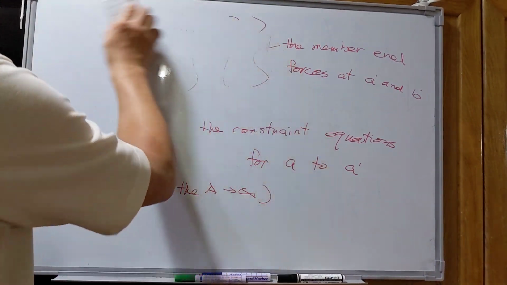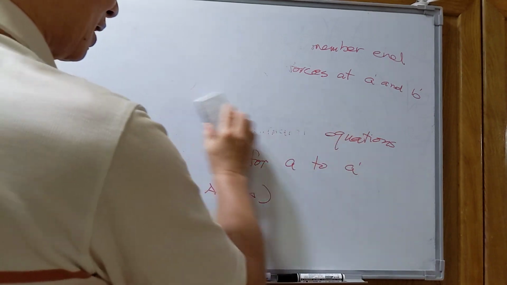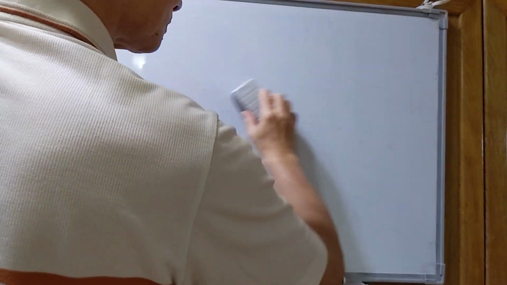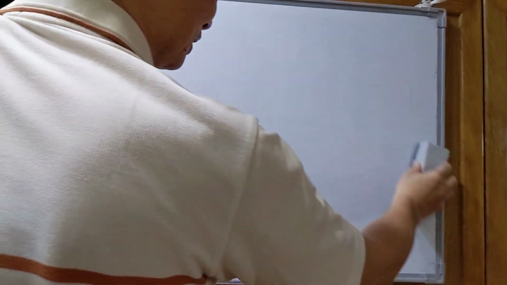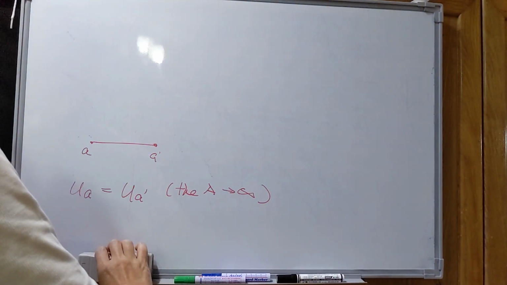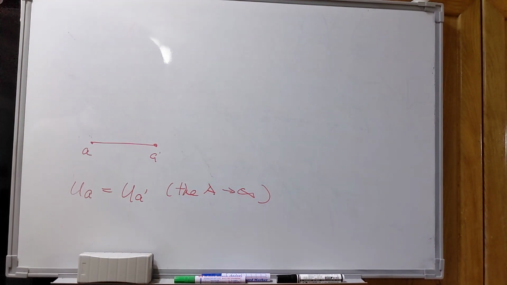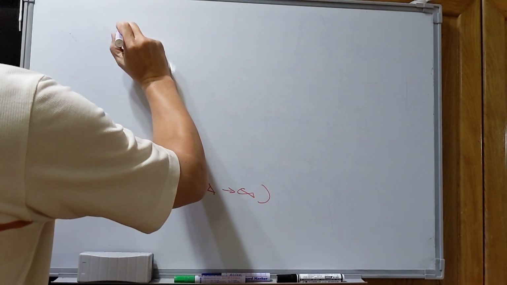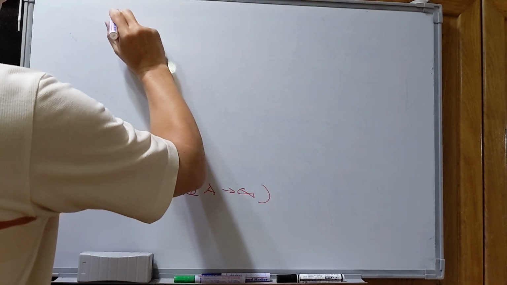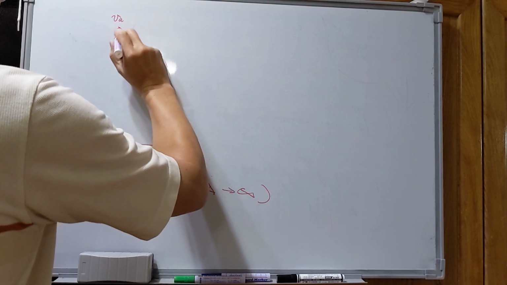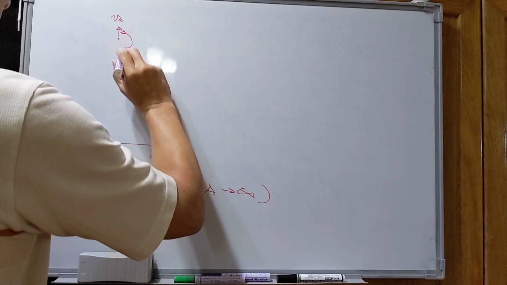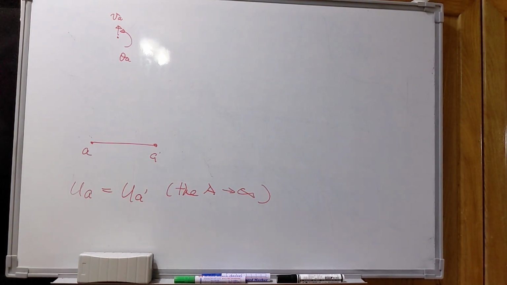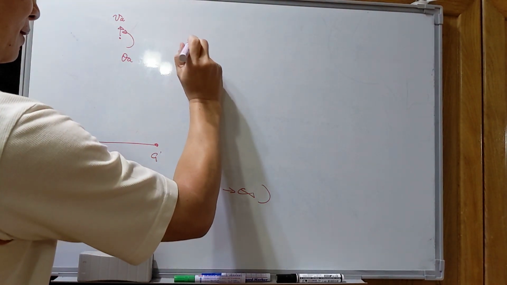Also remember, the I is infinity. The I being infinity means we cannot have any bending of the center line. So if we have VA and theta A for this point, what will be the A prime?